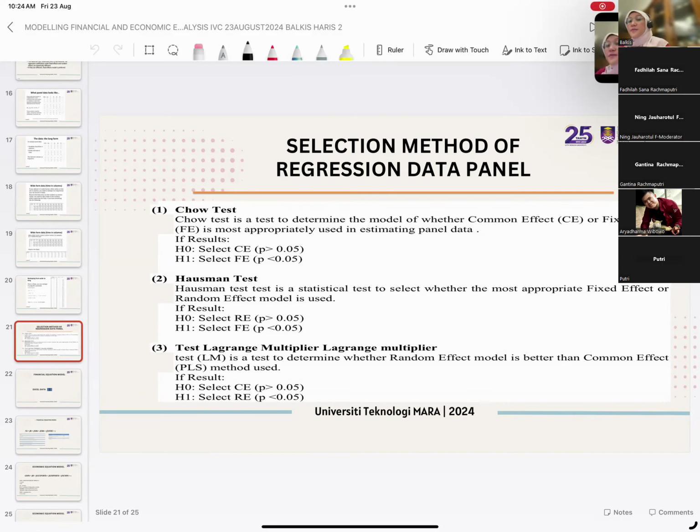So under the Chow test, if we reject H null, it means that we use fixed effect. Number 2, under the Hausman test, if we reject H null, it means that we select fixed effect instead of the random effect. And number 3, using the Lagrange multiplier, if we reject H null, it means that we select the random effect.